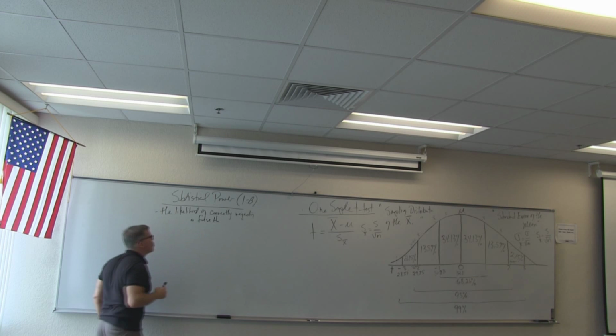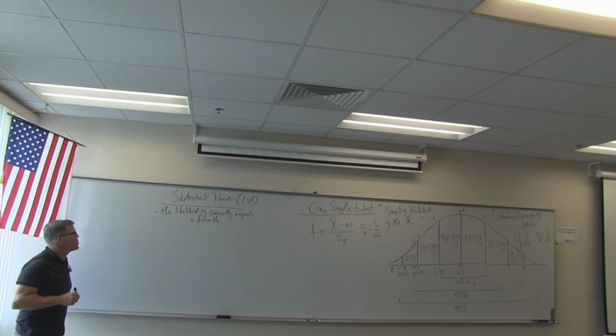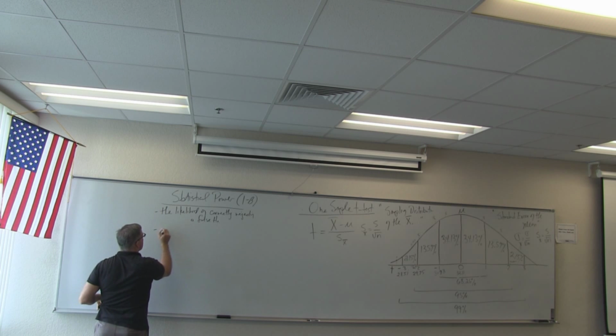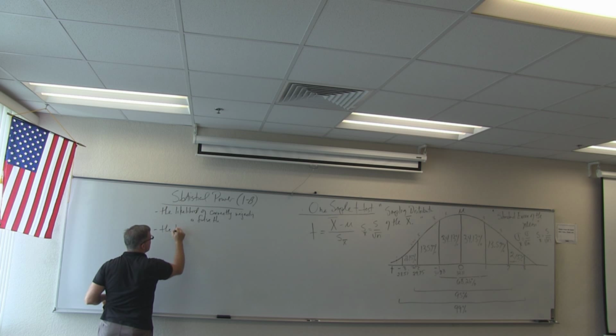The likelihood of correctly rejecting a false null. Now there's some tables in your textbook that I want you to become very familiar with. We'll actually go over that on Tuesday. Another way of thinking of this, it's actually a simpler way, it's the likelihood of finding significance.